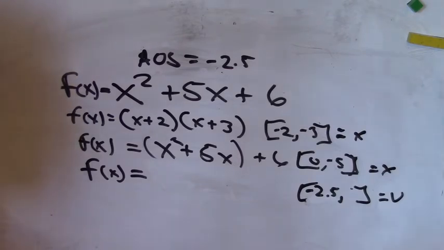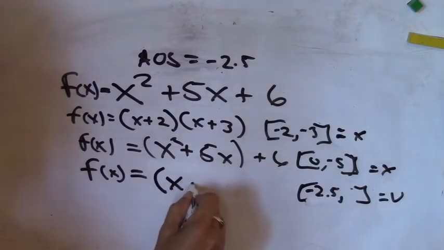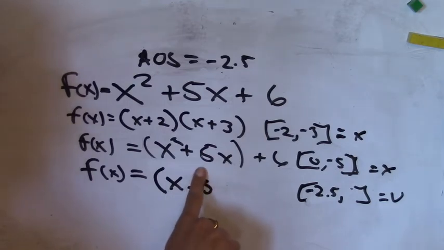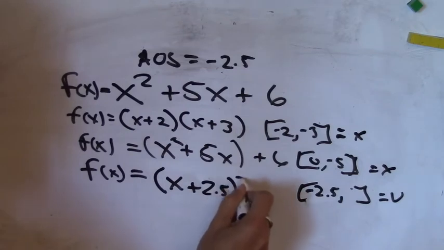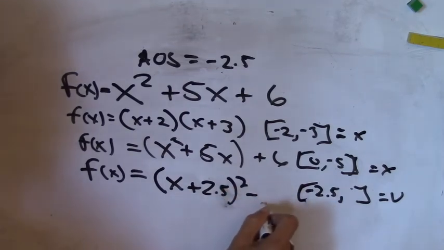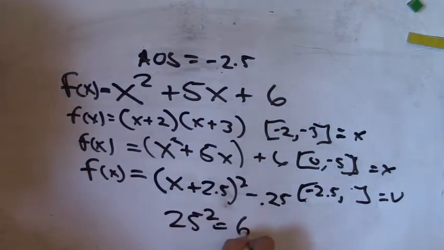Because what I did, I took this and I said, this is x plus 2.5 squared, and then I had to take away something, which turned out to be 2.5 squared again, because 25 squared equals 625. That's why we did that whole lesson on squaring numbers that end in 5.